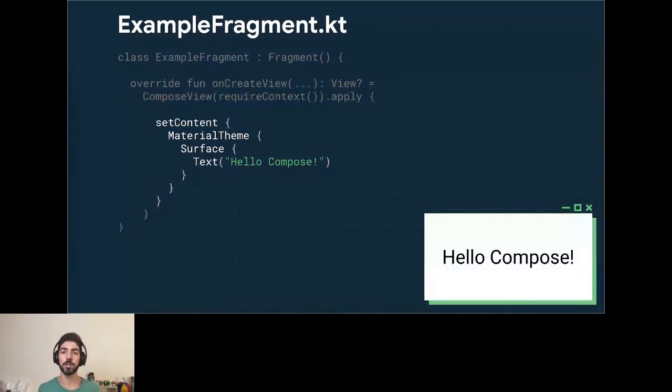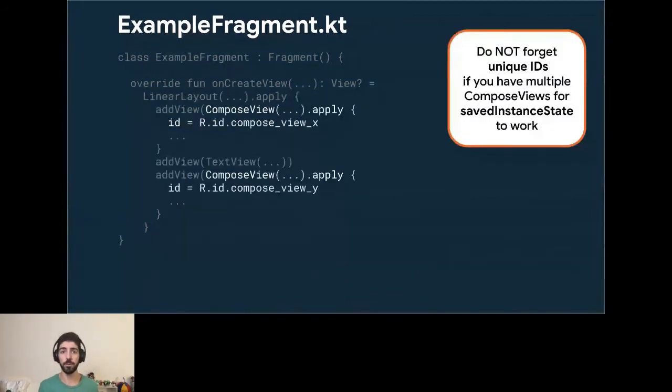This is because the unique IDs are needed in order to make saved instance state work. We will see later that with saved instance state, you can restore your state across process death and all that. So in order for that to work, the ComposeViews need to have unique IDs. Cool. Nothing else here. If you want to have Compose in your existing view system code, just call ComposeView like that.